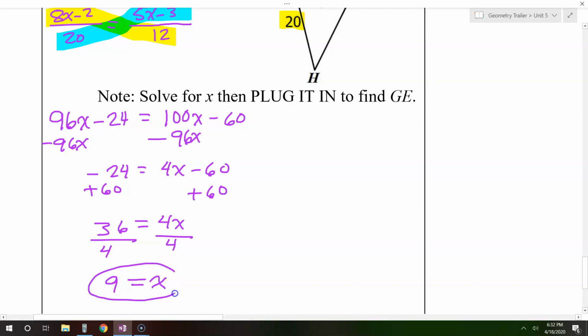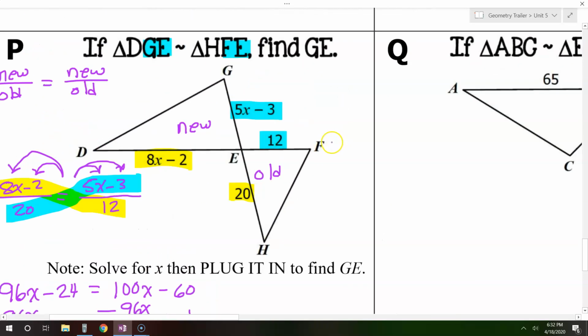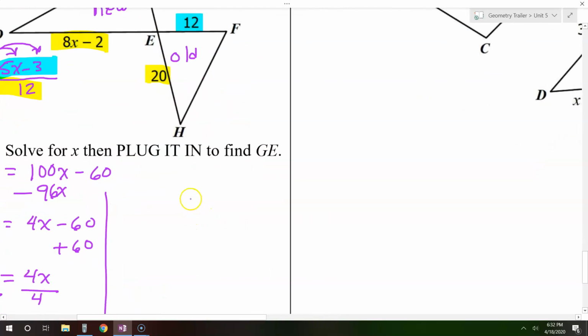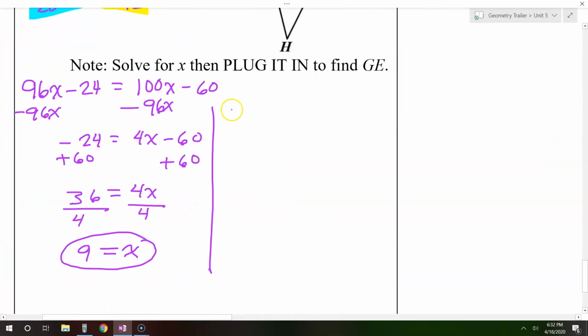But that is not the final answer, because we're supposed to plug it in and find GE. So where's GE? GE is right here, you guys. It's the 5x minus 3. Okay, so GE is 5x minus 3.